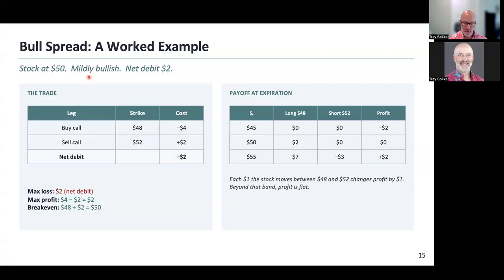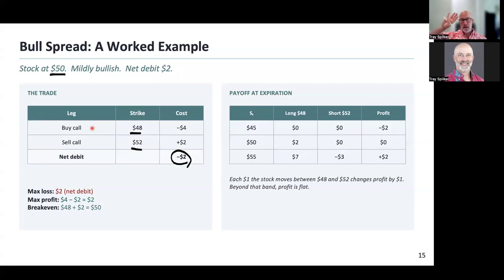So here's a worked example for you. Let's say just the call options. The stock price is at 50 bucks, and it costs us $2 to put this on. So let's say we buy a call option at 48 and we sell a call option at 52.